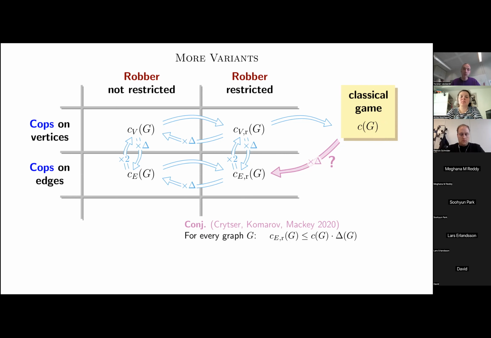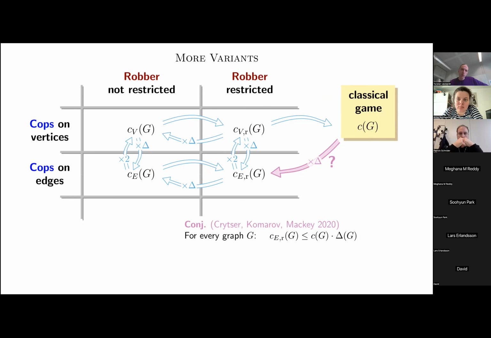This has been explicitly asked in a paper published 2020 by Kreutzer, Komarov and McKay, where they ask it for the restricted edge variant of the game. But the same is not clear also for the other variants. Can you somehow go from the classical game back to the surrounding game?